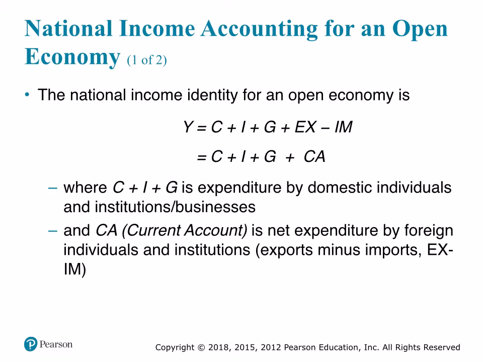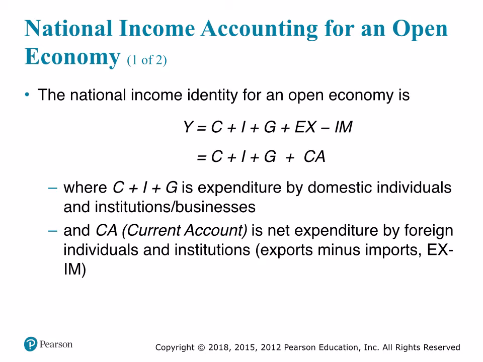Okay? Current account is the net expenditure by foreign individuals and institutions. And how do we find the current account of the United States? We always take the difference between the exports and the imports. Exports minus imports give us the current account, which is denoted by CA.